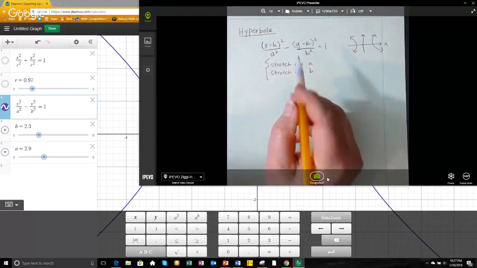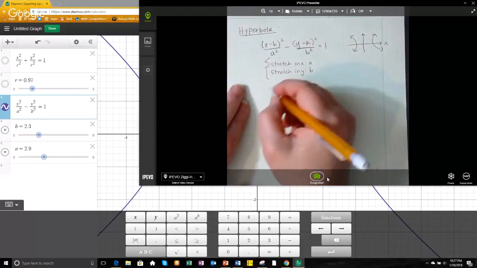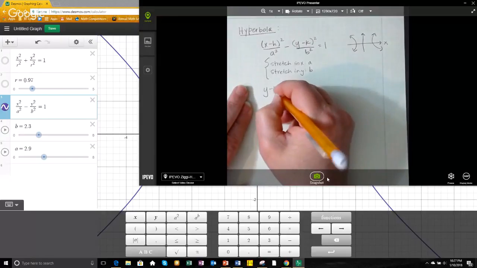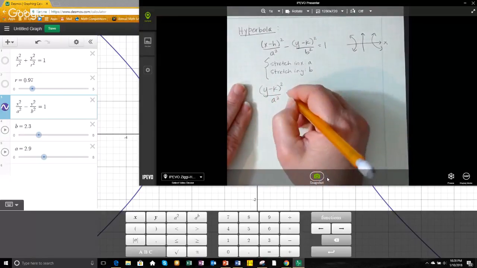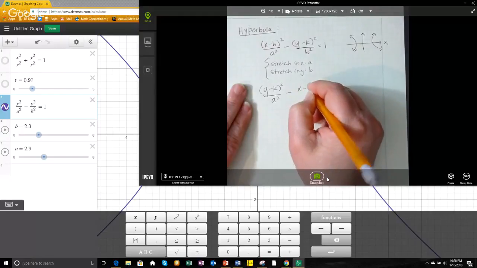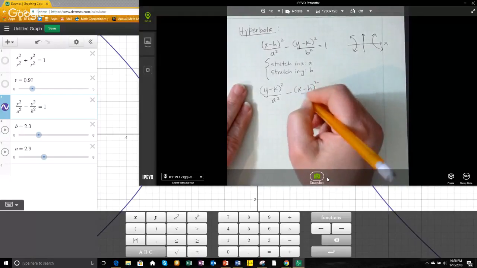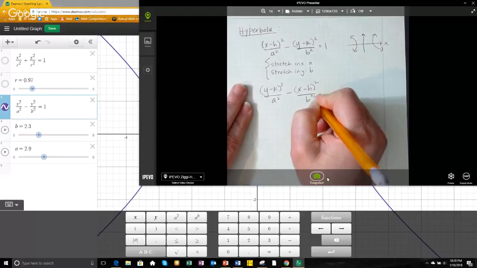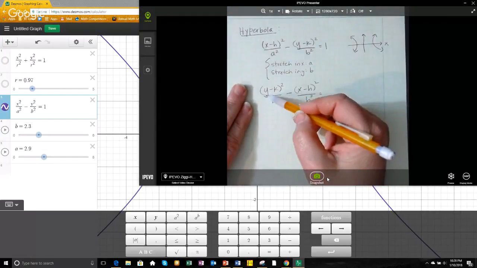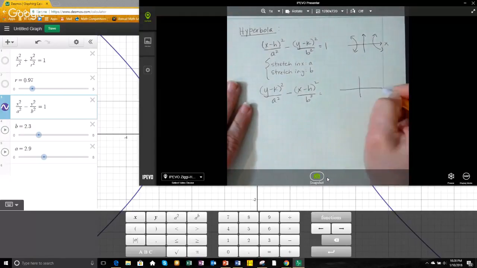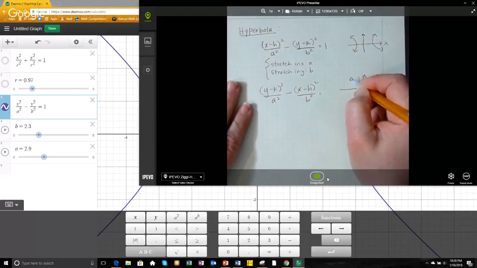What happens then if I switch it around and I say y minus k quantity squared over a squared minus x minus h quantity squared over b squared equals 1? Well, now which term is positive? The term that's positive is the y. So it's going to open along the y-axis, up and down.